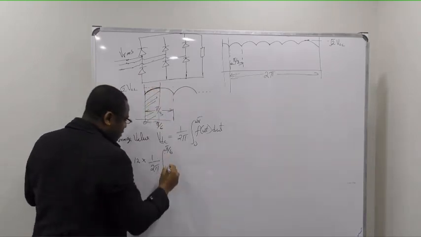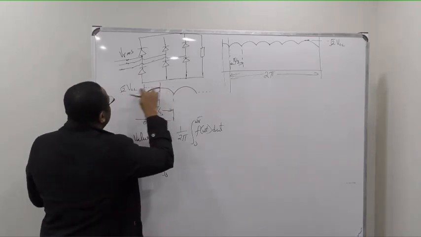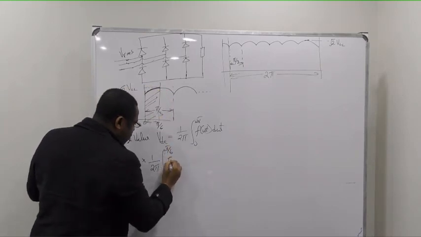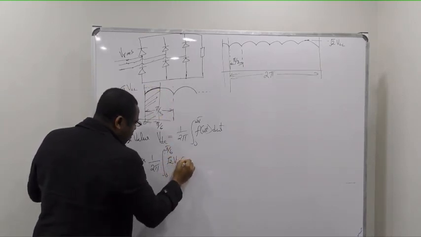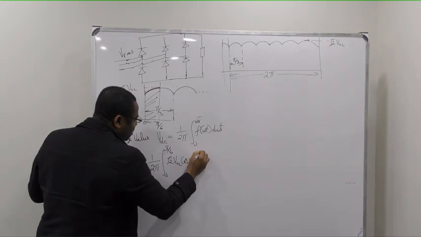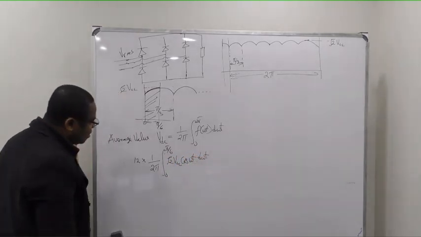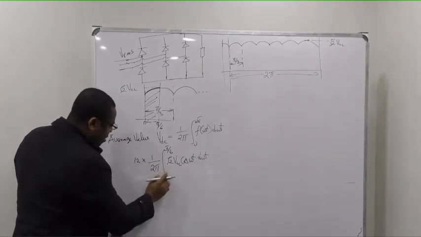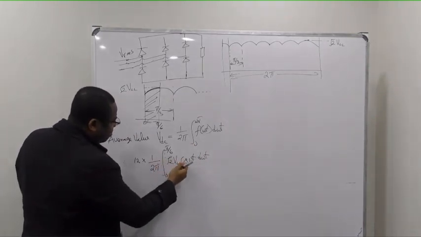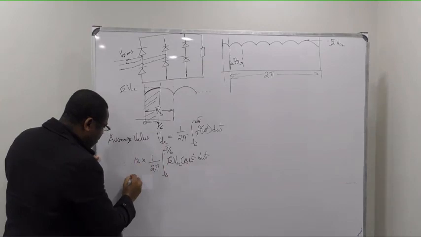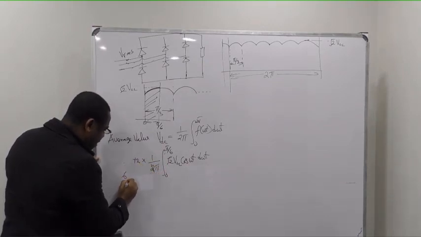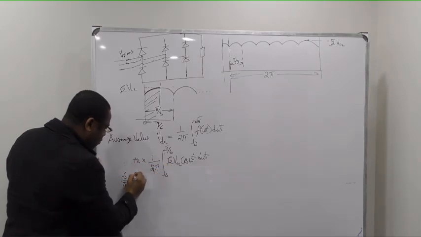So the peak value is √2 VLL cos omega t, d omega t. You can bring this out and cancel, so you have 6/pi times √2 VLL.